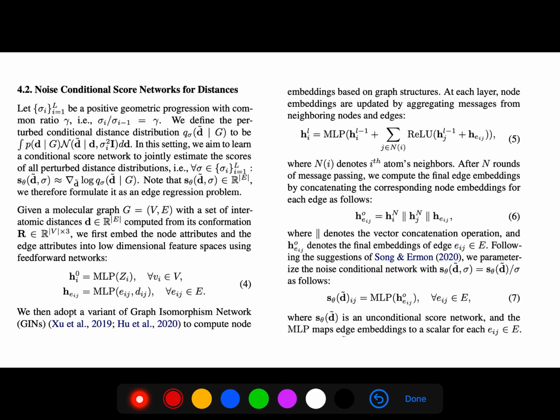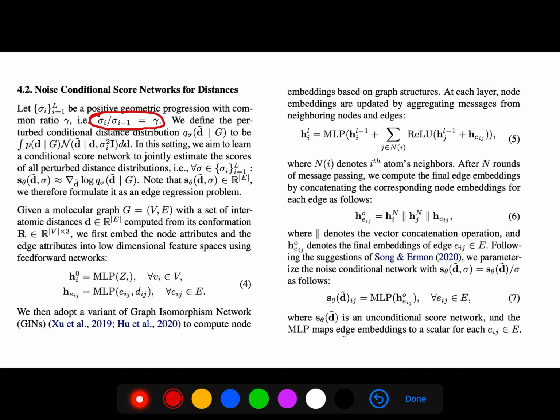So what is the noise conditional score network for distances? Sigma i is a positive geometric progression with common ratio gamma. We have discussed this in the previous videos. And we defined the perturbed conditional distance distribution to be this integral. So we aim to learn a conditional score network.